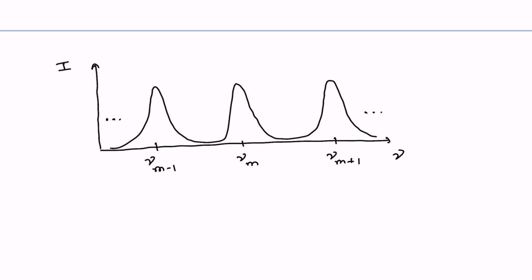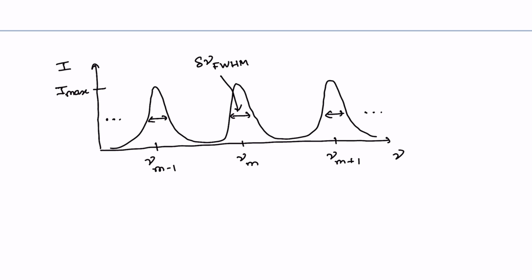As you can see here, this peak is the intensity maximum, I max, and each peak has a line width, that is the full width at half maximum. This full width at half maximum is extremely important, and it is denoted as delta nu FWHM.